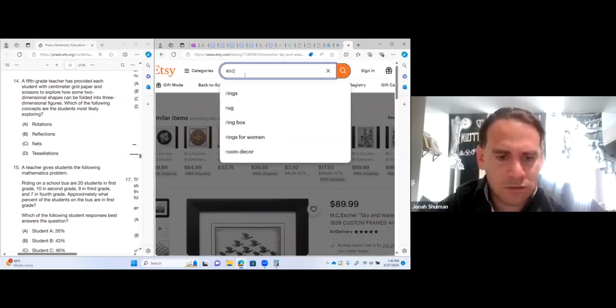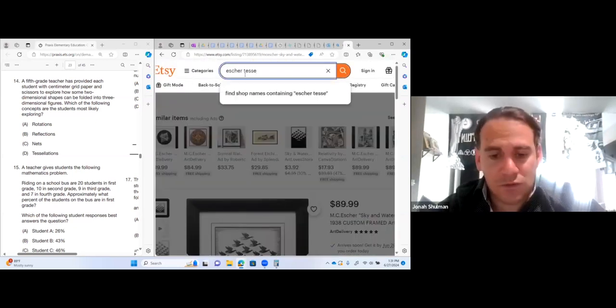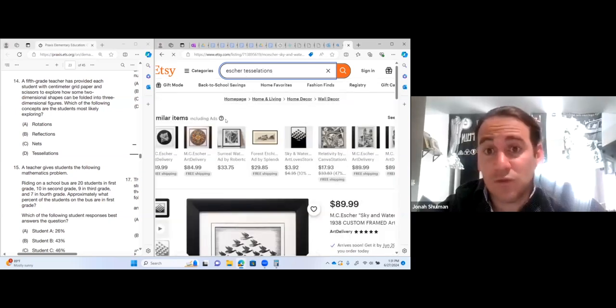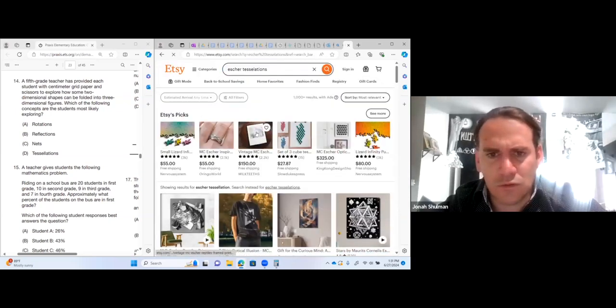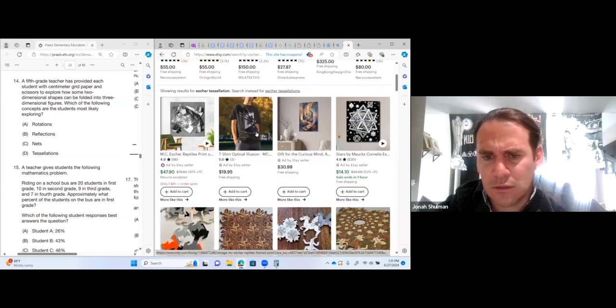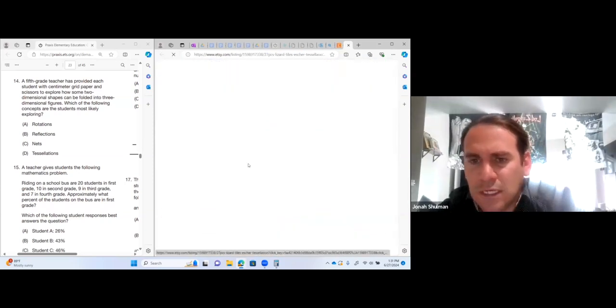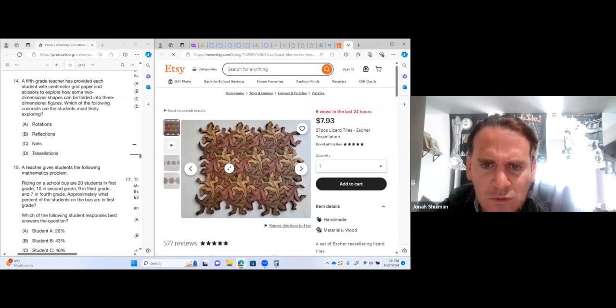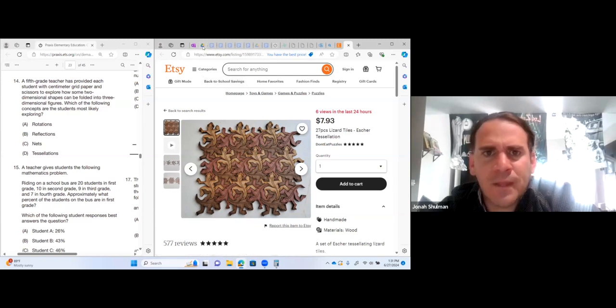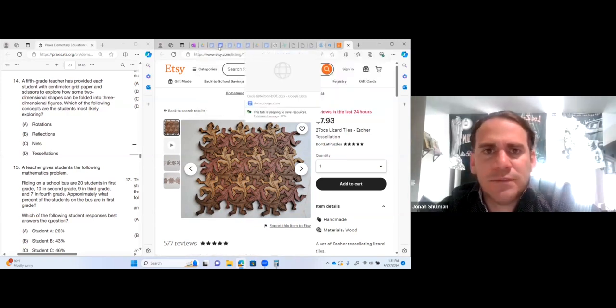There are other artists who do tessellations because they're pretty, and you can have students make their own. Here's the lizard one. The lizard one is a rotated tessellation. See, it comes from a point and it spins all the way around. So all those lizards are spinning around. Cool, right? All right, let's get back into it.